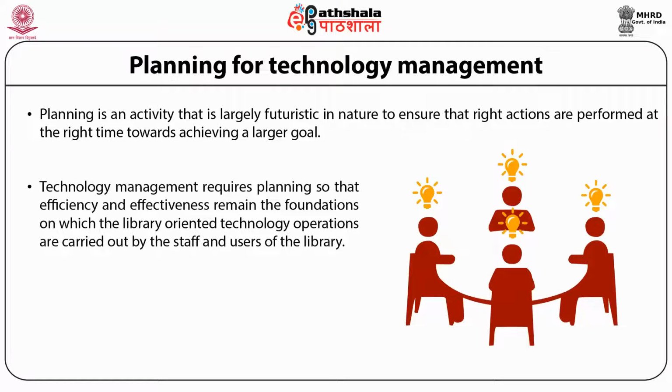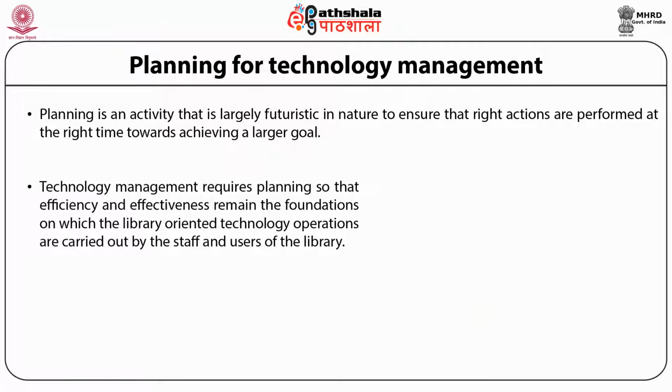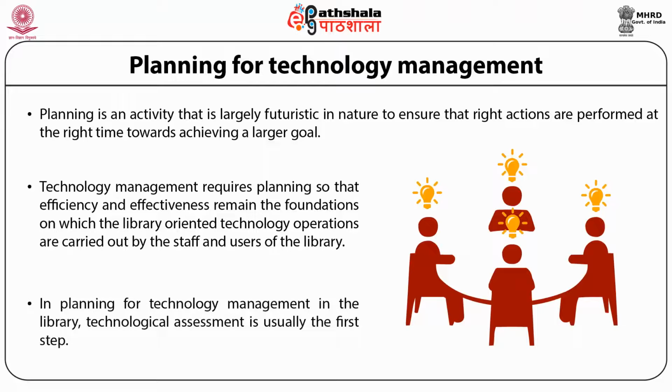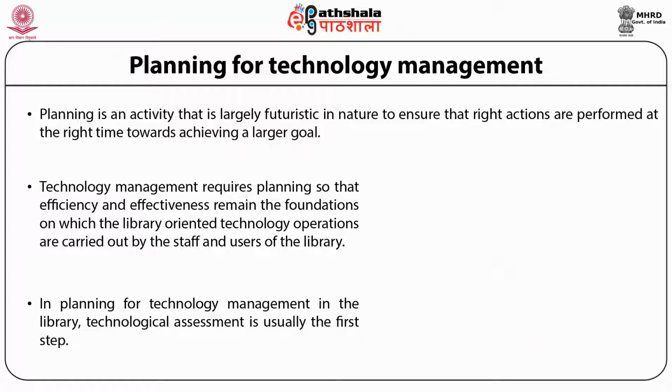Now, technology management requires planning so that efficiency and effectiveness remain the foundations on which the library-oriented technology operations are carried out by the staff and the users of the library. So when we talk about planning for technology management, the first aspect is technology assessment.